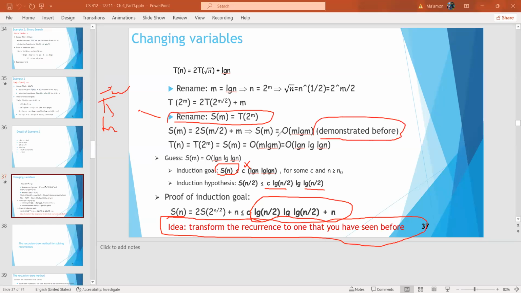If we have something we have proved before, we can just write it, simplify it, and write here demonstrated before. As we know, this time complexity is for the merge sort. So merge sort is equal M log N, which is this one.